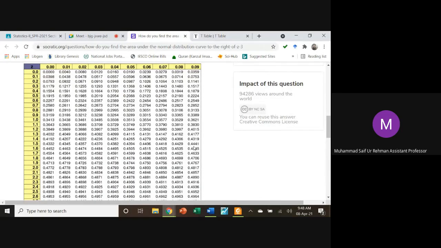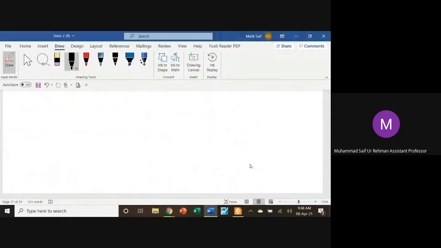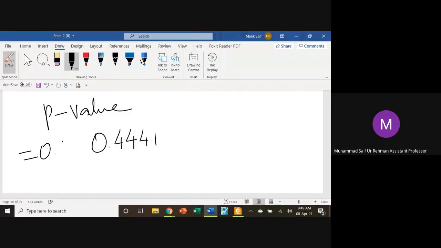It is 0.4441. You write down this value over here, and you are interested in finding the p-value. So the p-value is equal to 0.5 minus this value. 0.5 minus this value. So what is the answer?